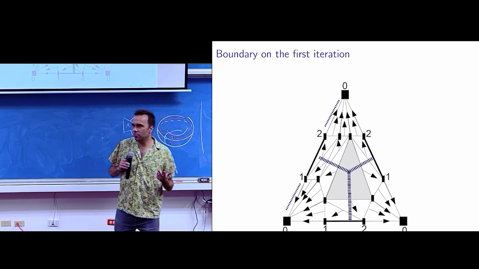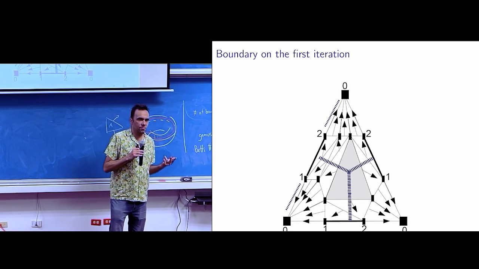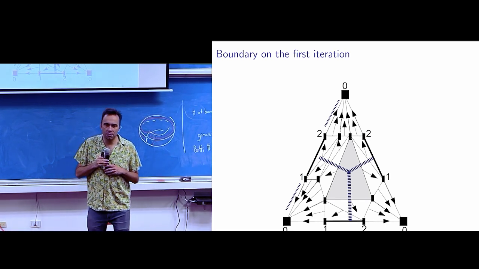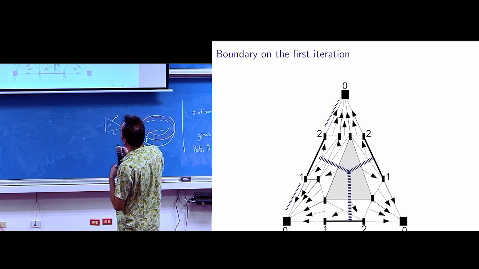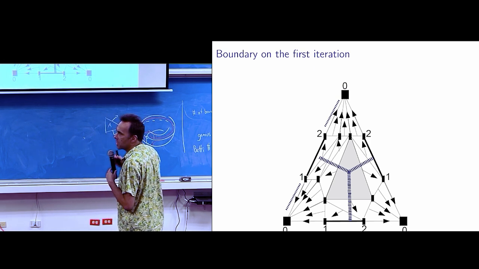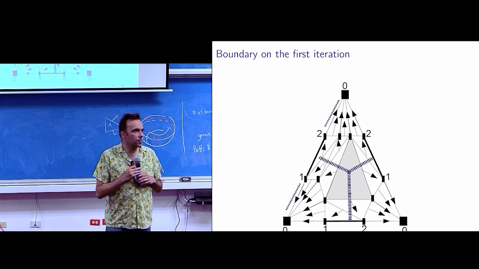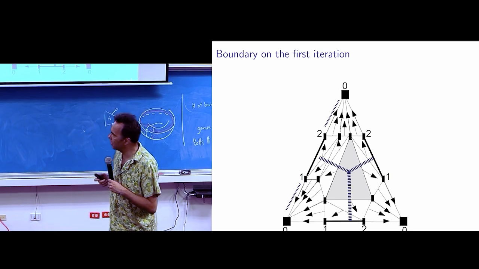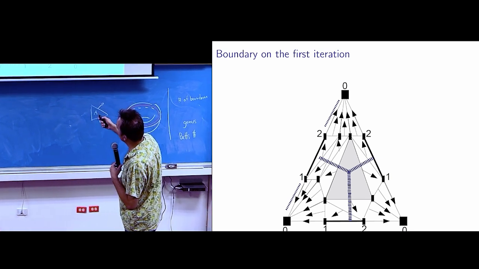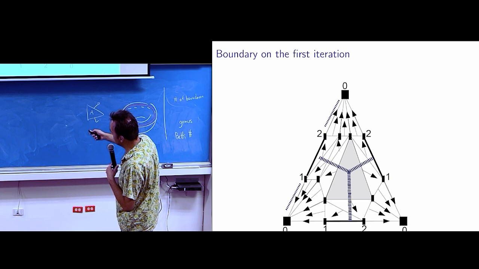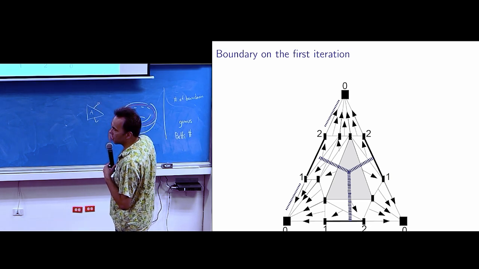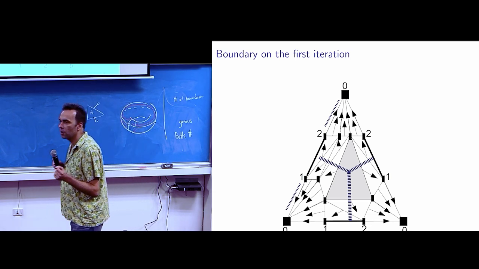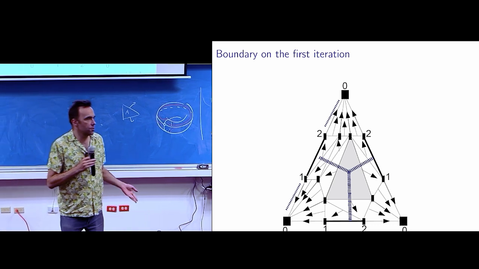I'm working modulo 2 because I'm lazy. 3 modulo 2 is 1, so the incidence coefficient of that 2-dimensional simplex and this edge is 1. Between the 1-dimensional cell and the 0-dimensional cells, there are 2 paths, one goes this way and another goes this way, so 2 modulo 2 gives 0. So the incidence coefficient is 0.